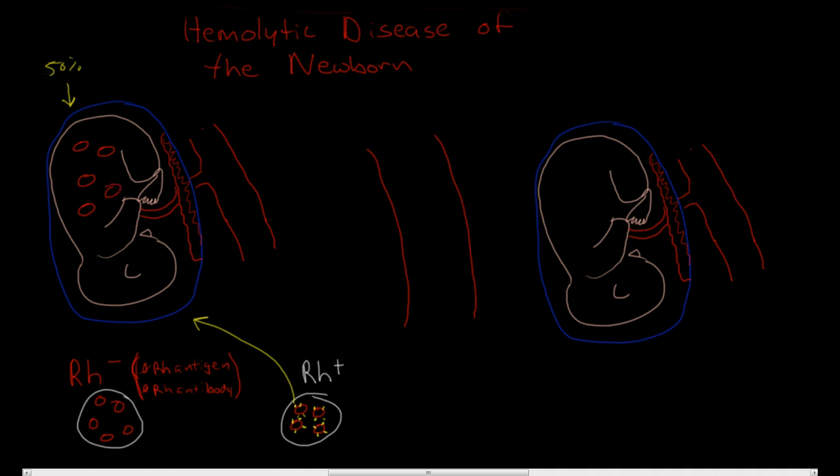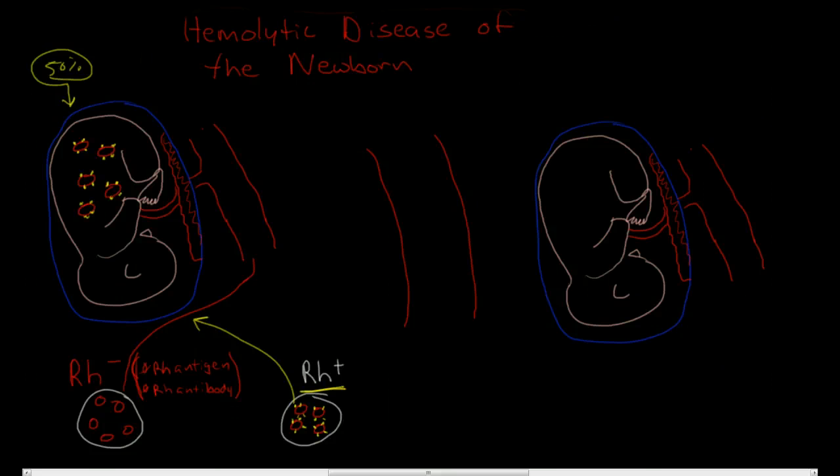And this baby, actually the baby's not unlucky, but the baby's brother or sister later on maybe. So this baby is one of the 50% that inherits the Rh trait from the father. Now this means that this baby's red blood cells express Rh positive or Rh antigens.